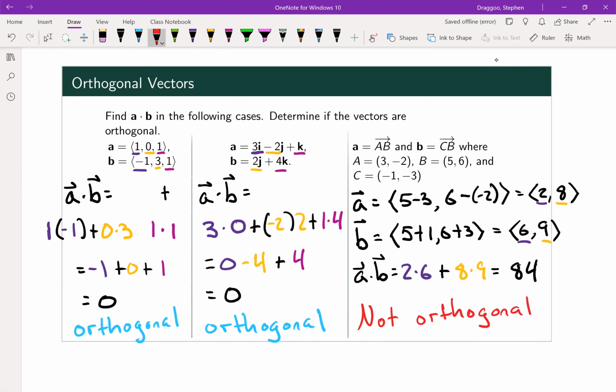But just from looking at the dot product as a number, we don't actually know anything else about them. Or I suppose we do, because the dot product came out positive, we know that the angle between them is acute. So whatever angle is between A and B, it's going to be less than 90 degrees.